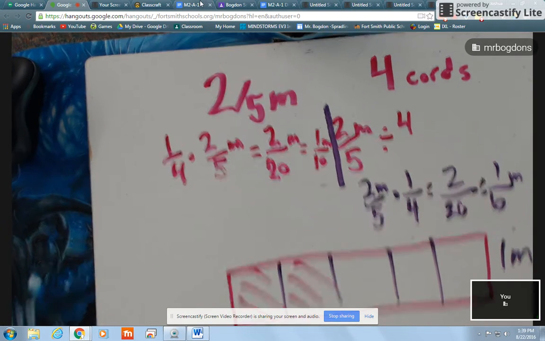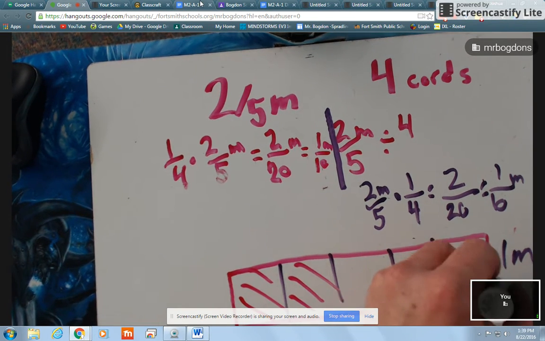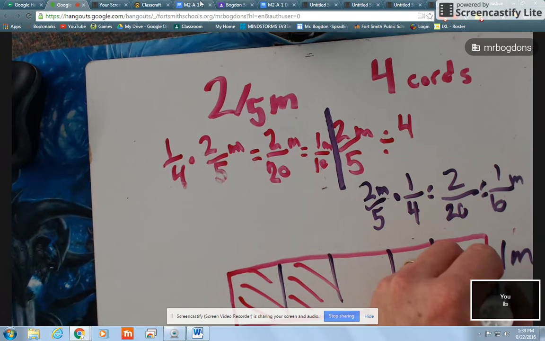Now, how many pieces do I need to cut this, what I have, into? 4. Okay. So if I do that, I need to draw how many different partitions? 4.